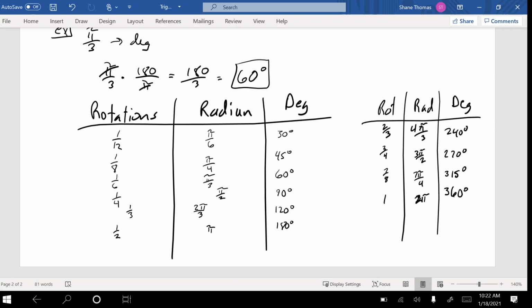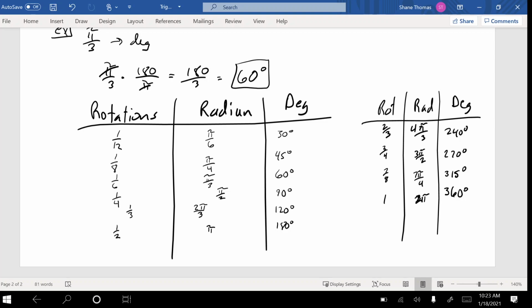And you'll see as we go forward, there's some patterns here. Your patterns are going to be based off of what multiple of the degrees they are. So for instance, everything that's a multiple of 60, 120, 180, and then 240, the bottom is going to be 3.